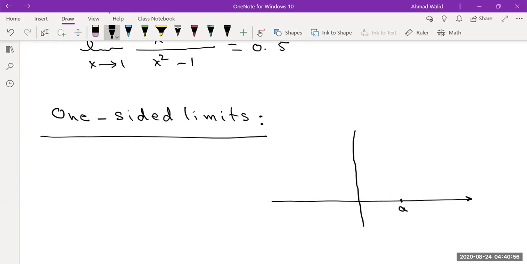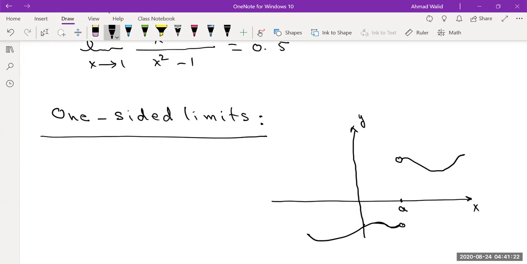For example, here at point A, maybe I have a graph like this, and here I have another point and another graph, whatever this curve is. Here X, here Y. One-sided limit. You see, what is one-sided?